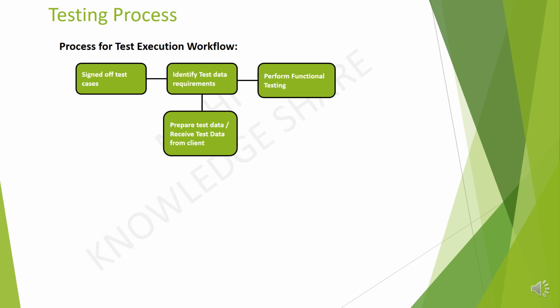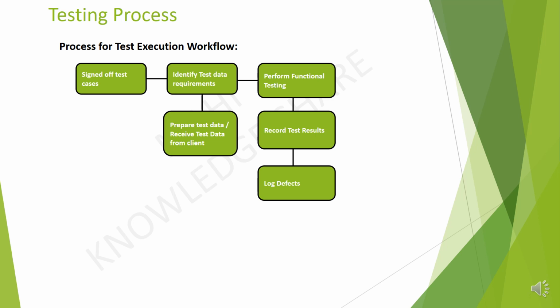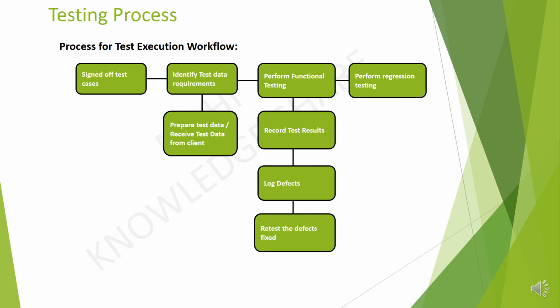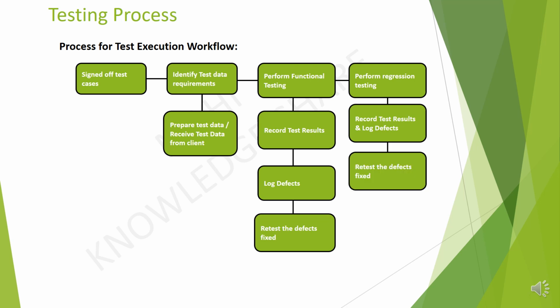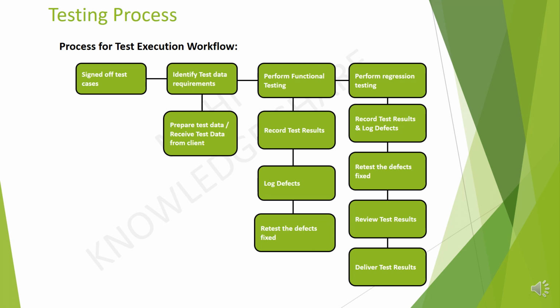Then perform functional testing, record the test results, log the defects, then retest the defects that are fixed by the development team, then perform regression testing, record the test results and log defects, retest the defects fixed by the development team, review the test results and deliver the test results to the client and all other stakeholders.